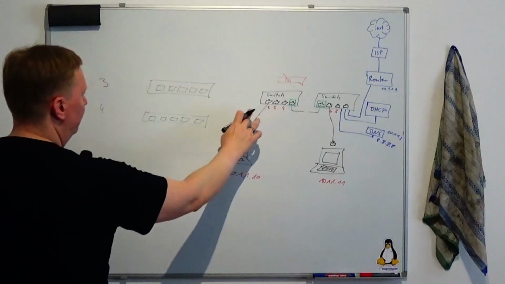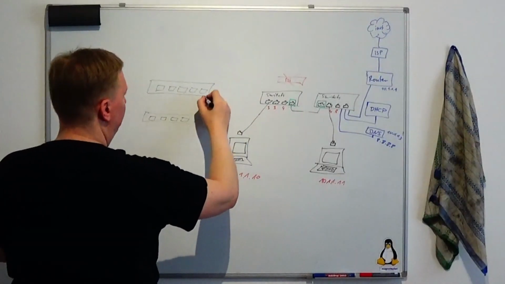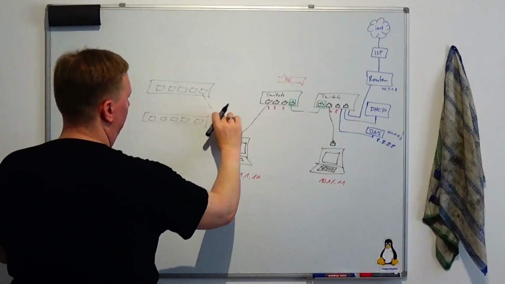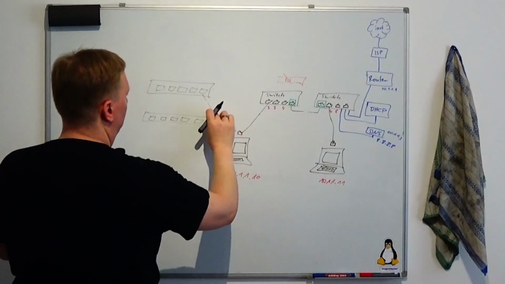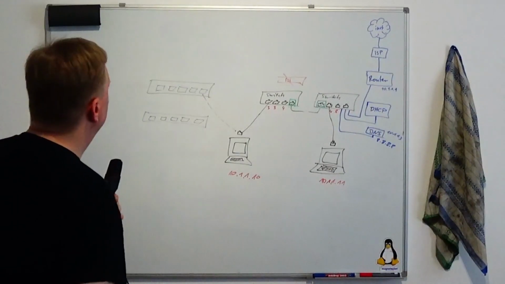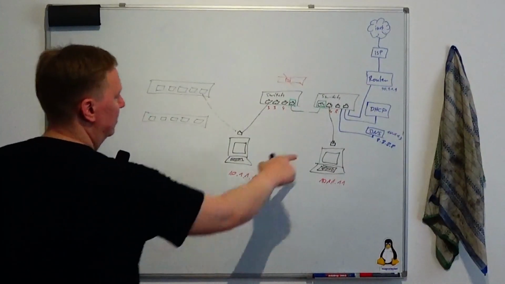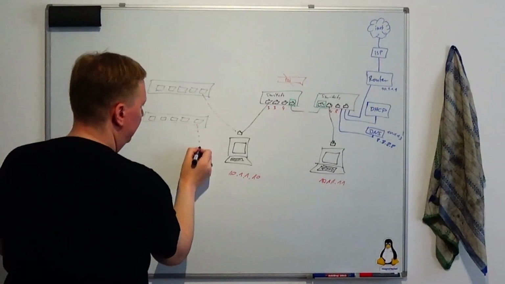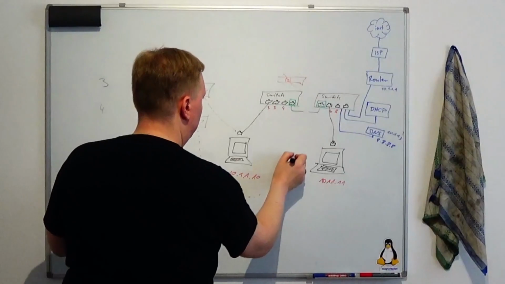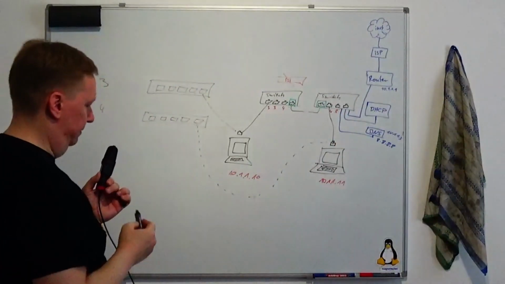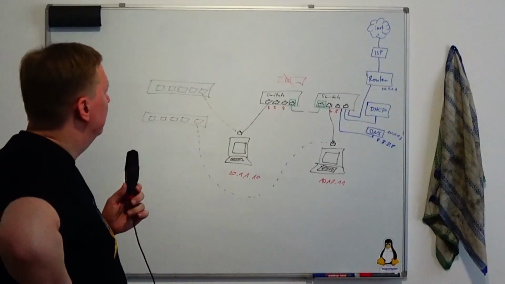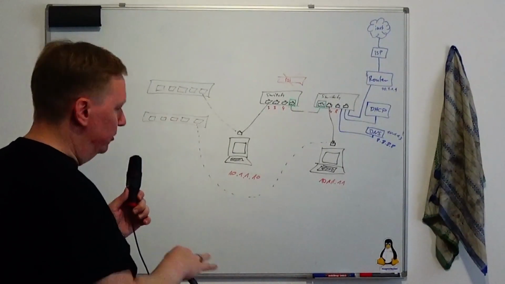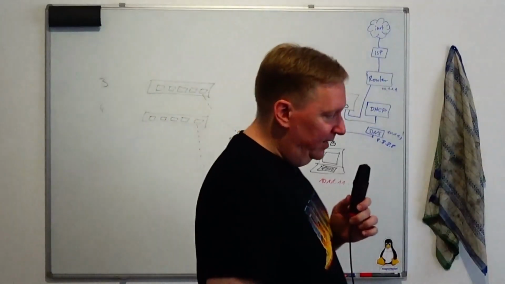And if this switch is on VLAN 3, it's as if you are connected to this VLAN switch here, and this one is connected to VLAN 4. So it's as if you are connected to this virtual switch here. Okay, and yeah, this allows you to think about your whole network in a completely different way.